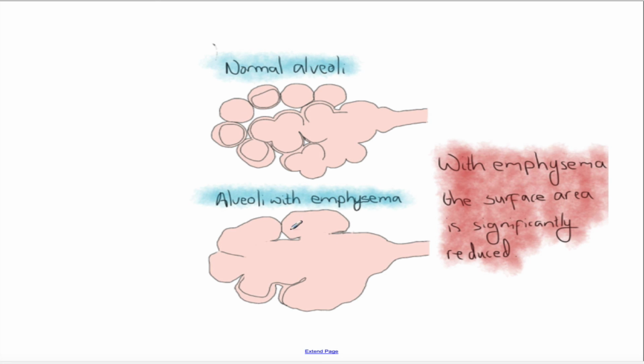And because they flatten out, that really reduces their surface area. So with less surface area for gas exchange, you're less good at getting oxygen into your blood and less good at getting rid of carbon dioxide. And that has all sorts of effects on the body, anywhere from parts of the body being starved of oxygen to a buildup of carbon dioxide, which can affect the pH levels in your blood, which can have all sorts of knock-on effects to your bicarbonate levels as well.